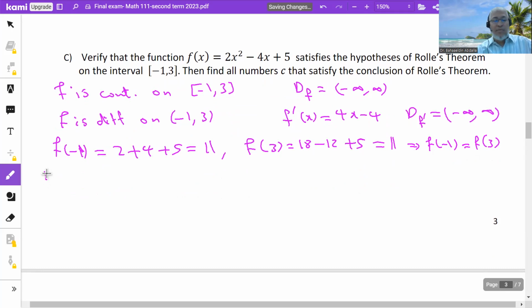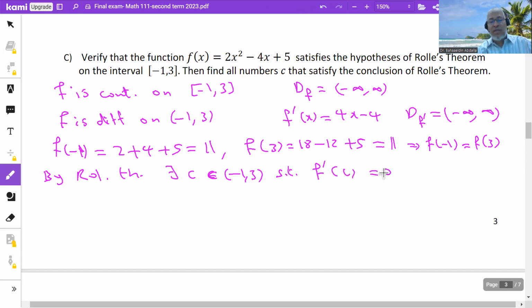So now by Rolle's theorem, there exists a number c in the interval -1 to 3 such that f prime of c is equal to 0.